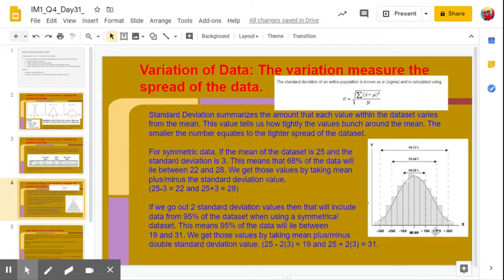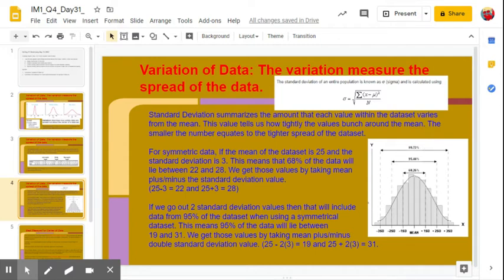If you go 2 standard deviations, we're going to find that in a symmetrical data set about 95% of the data is within 2 standard deviations. And if you go out as far as 3 standard deviations, you get pretty darn close to 100%. It's like 99.7% of the data values.